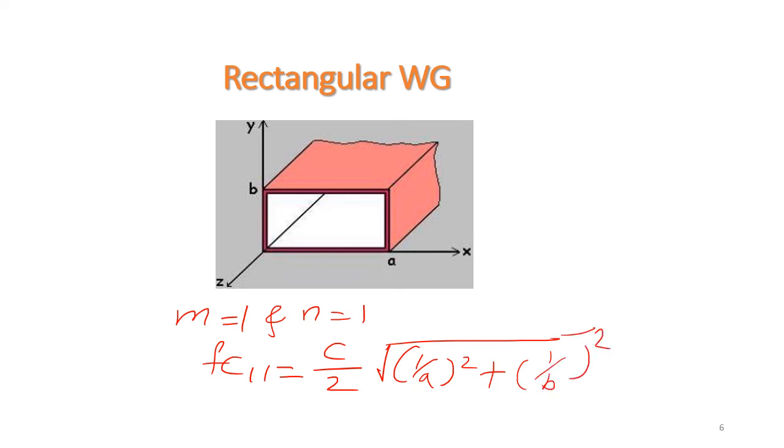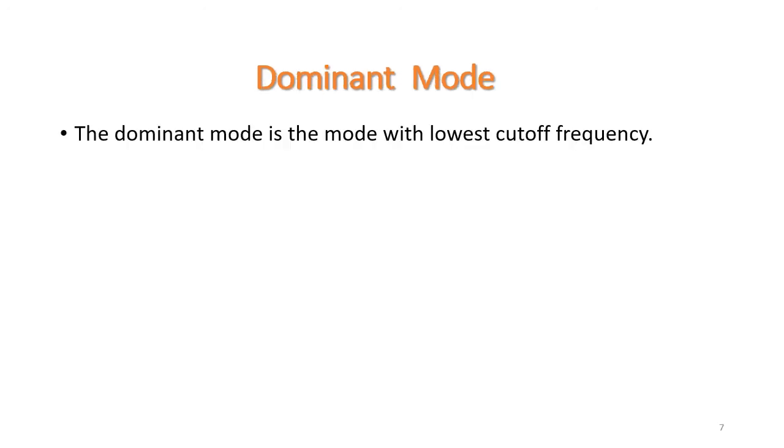If you compare this fc11, it also has a cutoff frequency more than TE10. So the lowest cutoff frequency mode is the TE10 mode, so the dominant mode is TE10. So the dominant mode for a rectangular waveguide is the lowest cutoff frequency mode, and that is the TE10 mode. It is always the TE10 mode that is the dominant mode.